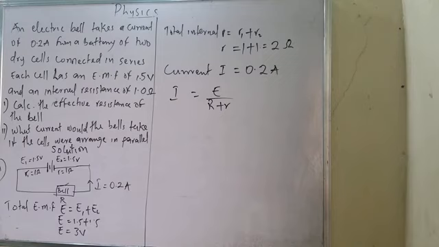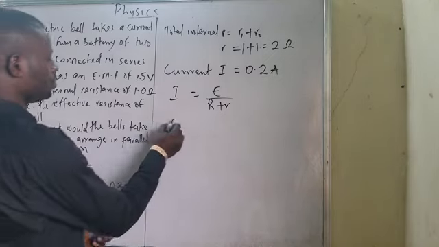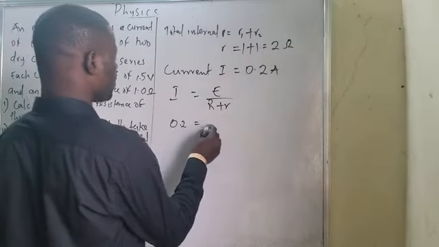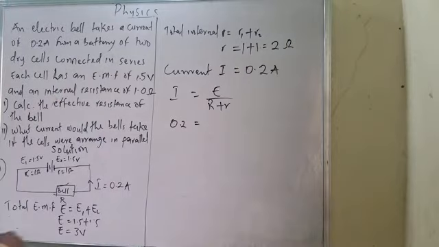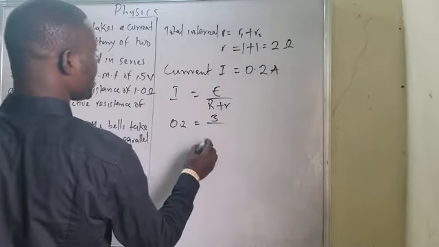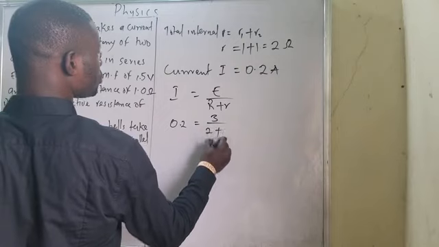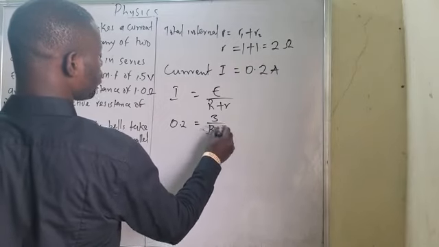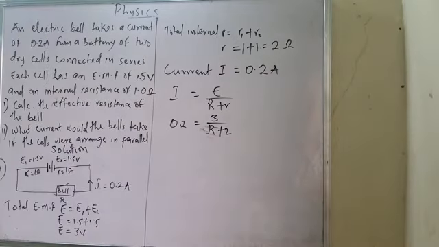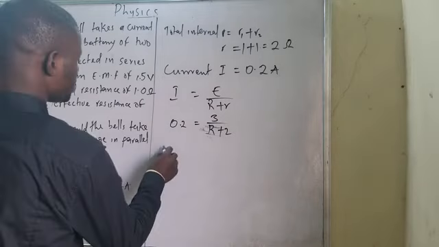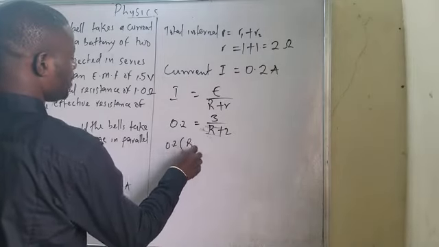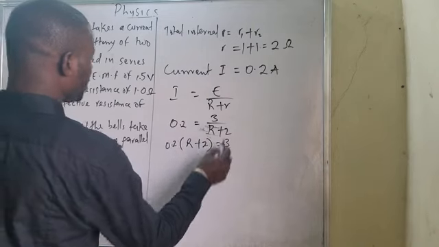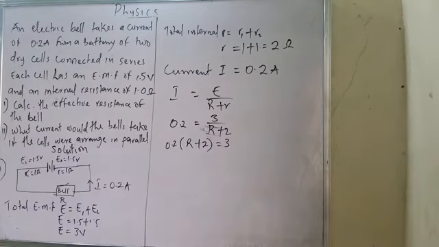It means 0.2 equals 3 divided by big R plus 2. I can cross multiply, which gives 0.2 times the bracket of big R plus 2 equals 3.